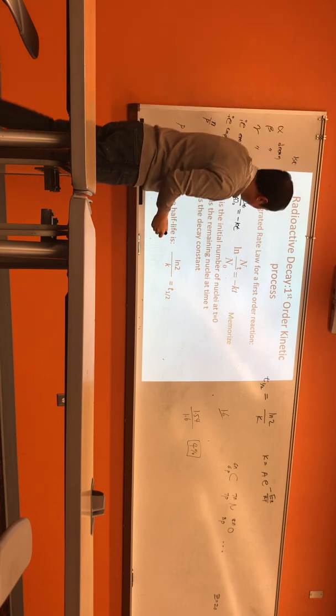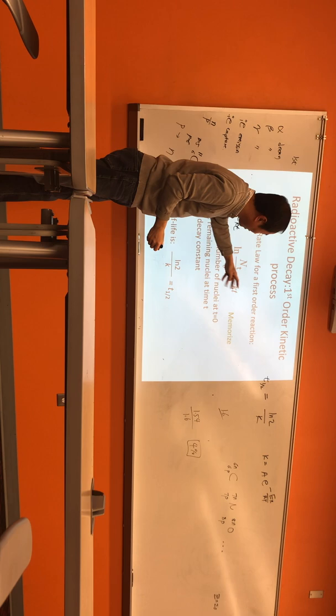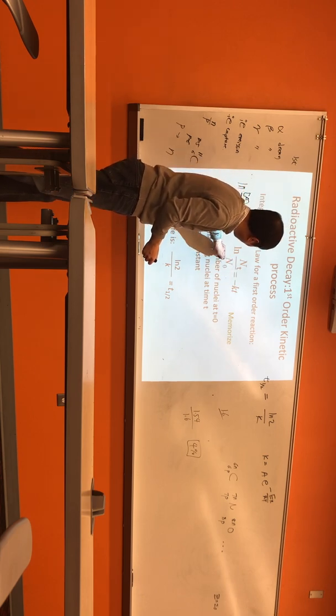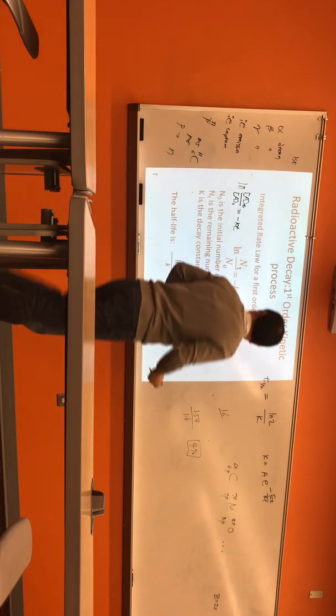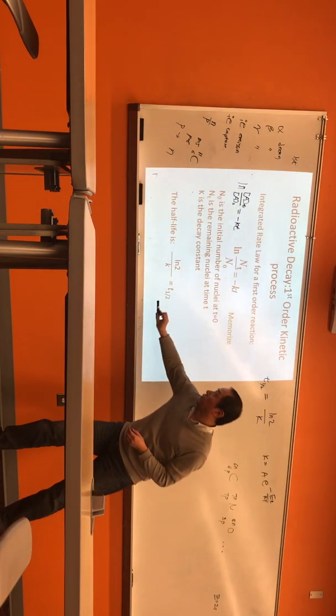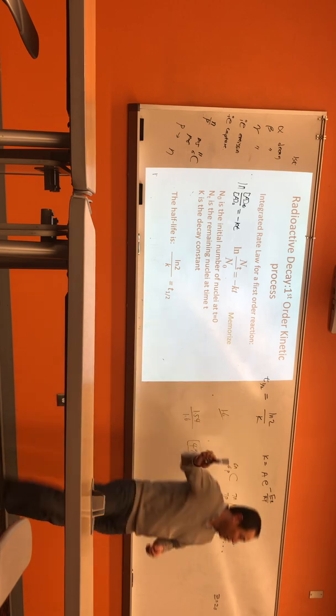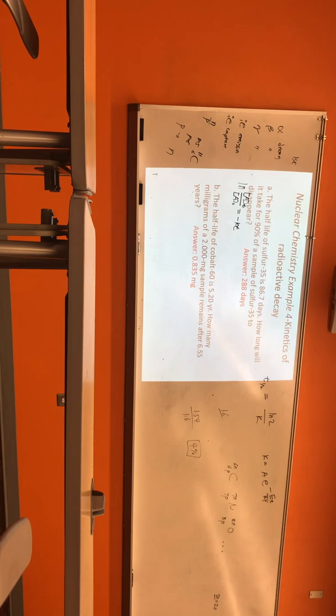Instead of concentration, we use the amount of nuclei. It's the same formula, just the initial amount of nuclei and the later amount of nuclei. Everything is the same. So half-life also uses the same equation. Whatever you learned in chemical kinetics, just apply to nuclear decay as well.